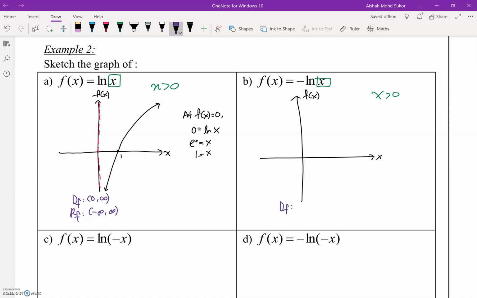Now we have our domain. Our domain will be 0 to infinity. It means that there will be a vertical asymptote at x equal to 0. Because we have negative here, it means that our basic graph will reflect in the x-axis. So this will be 1. Then our range is negative infinity to infinity.